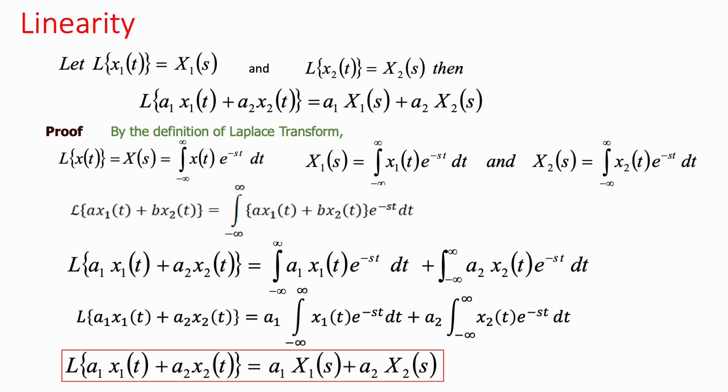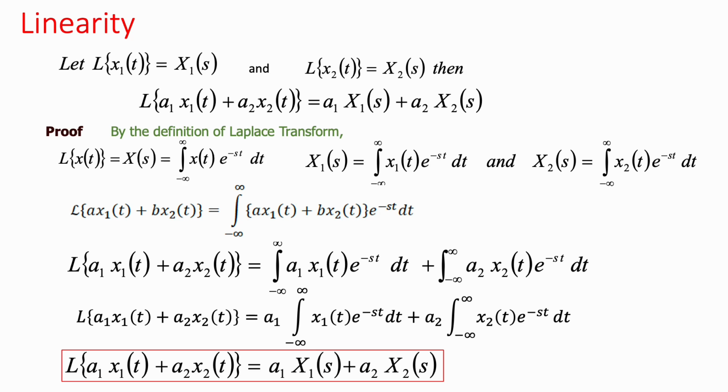Then the Laplace transform of a1 x1 of t plus a2 x2 of t is equal to a1 x1 of s plus a2 x2 of s. So this is the statement of the linearity property. Already we know that linearity is nothing but the superposition principle. Now we can see the proof.